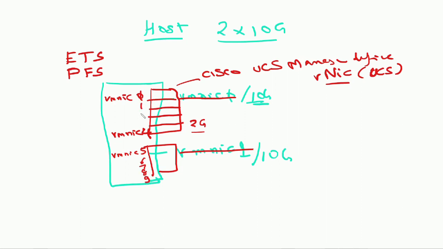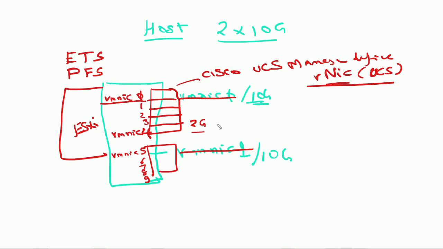Now, these VMNICs are of course UCS virtual NICs, but from an ESXi perspective, that's what the ESXi host sees.